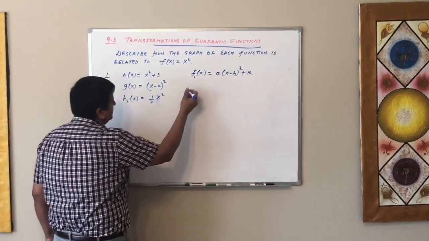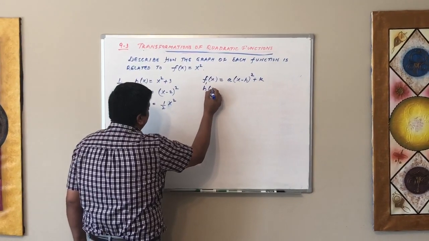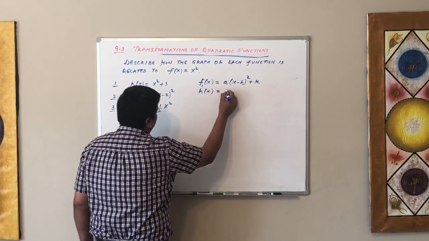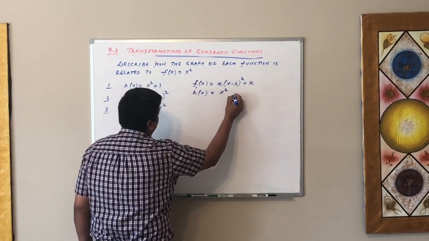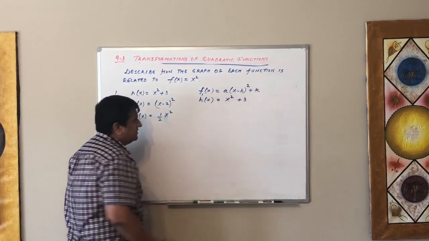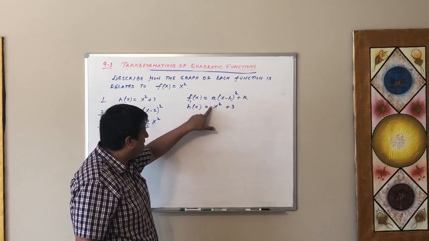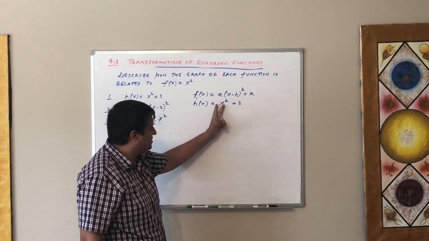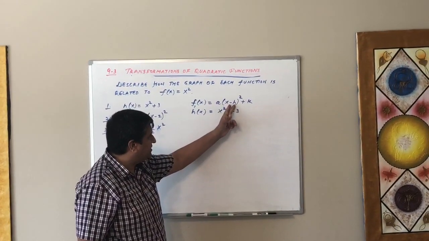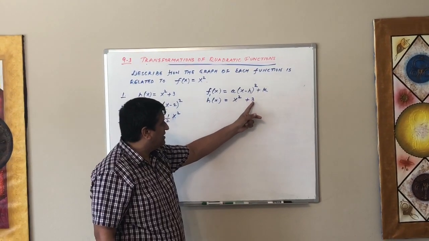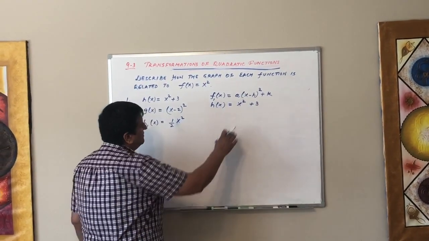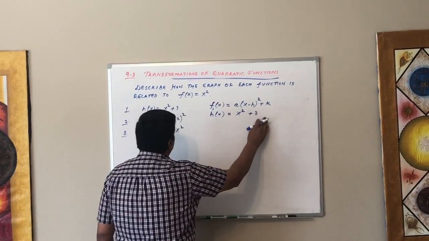If you compare this to the vertex form, you can see that a is basically 1 here. There is nothing next to x, that means h is 0 and k is 3. So this graph is just going to move up by 3 units.